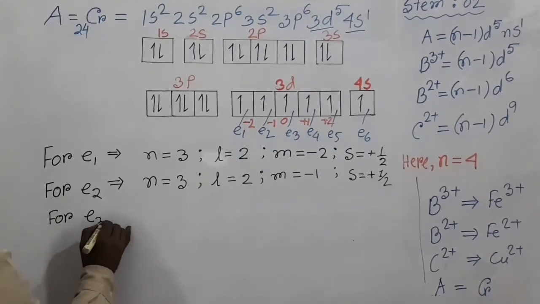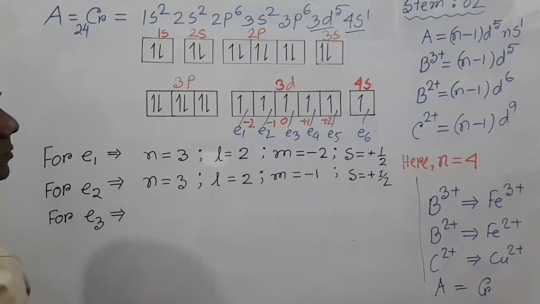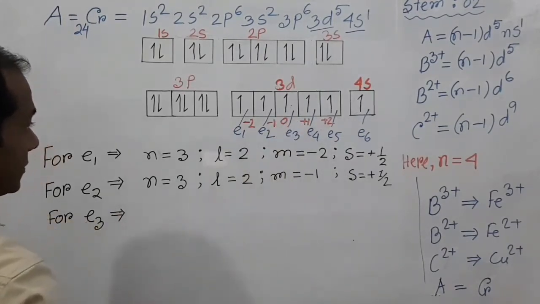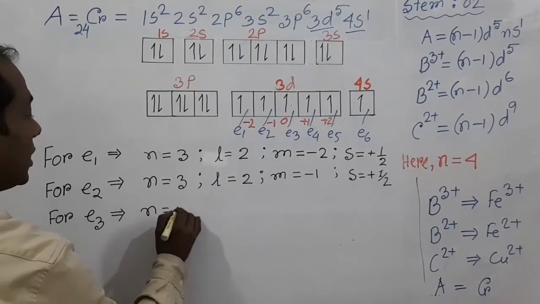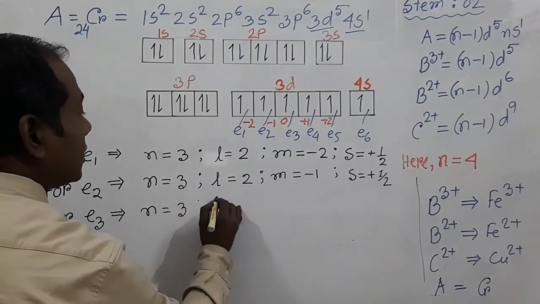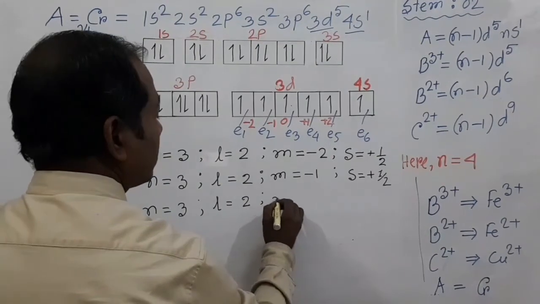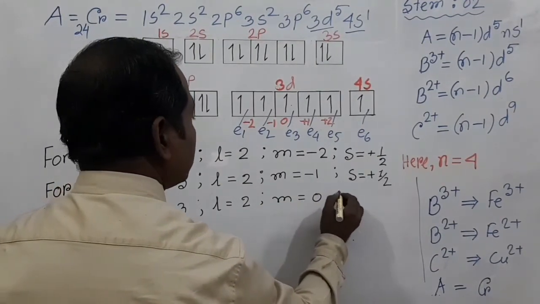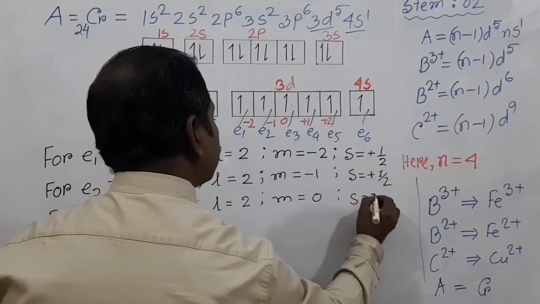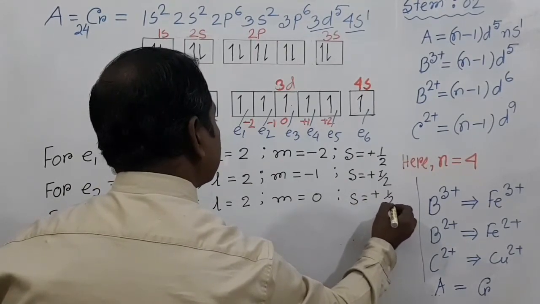For E3, n equal to 3, l equal to 2, m equal to 0, s equal to +1/2.